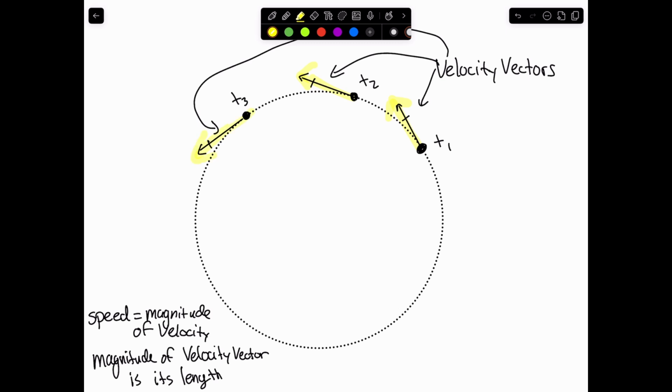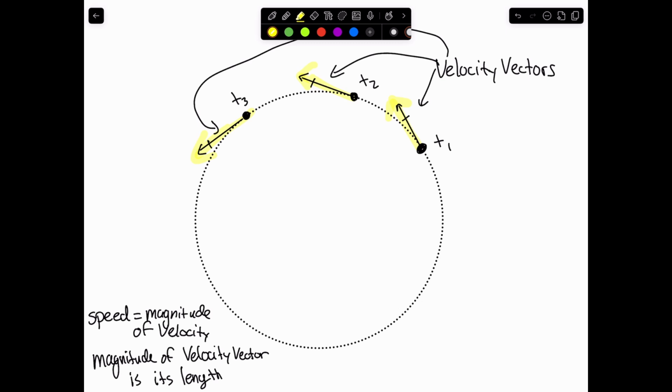Now, I don't know about you, but those sound like 3 entirely different directions to me. And if at 3 different times direction is changing, then that means velocity is changing. AKA, velocity is not constant in uniform circular motion.